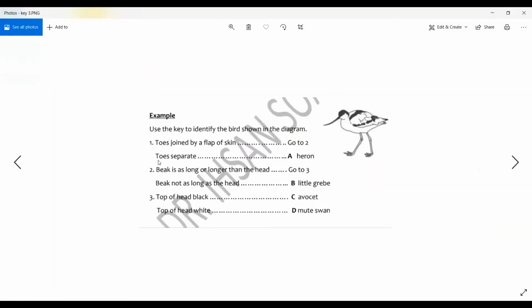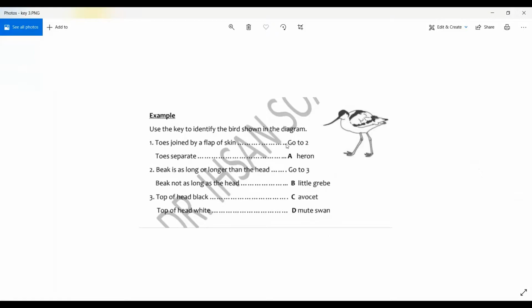What is the dichotomous key? The dichotomous key is a tool used by scientists in which the visible features of an organism are used to identify organisms.